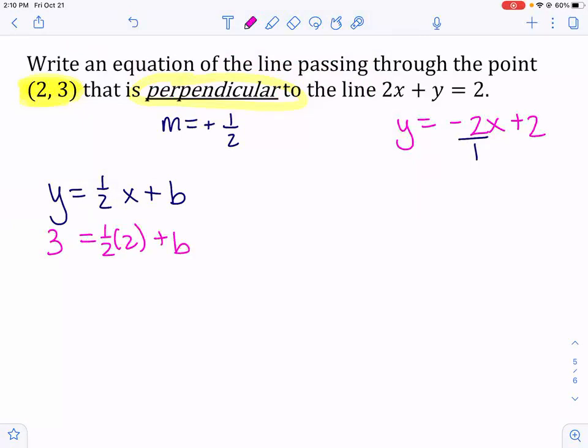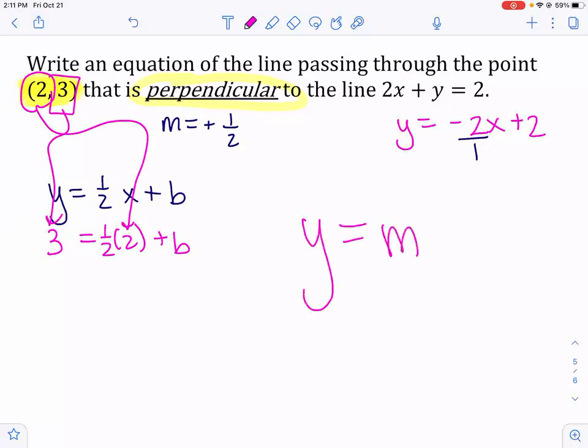We take this guy. Slope relates to y equals mx plus b. So m is what we consider our slope, and b is what we consider our slope intercept.